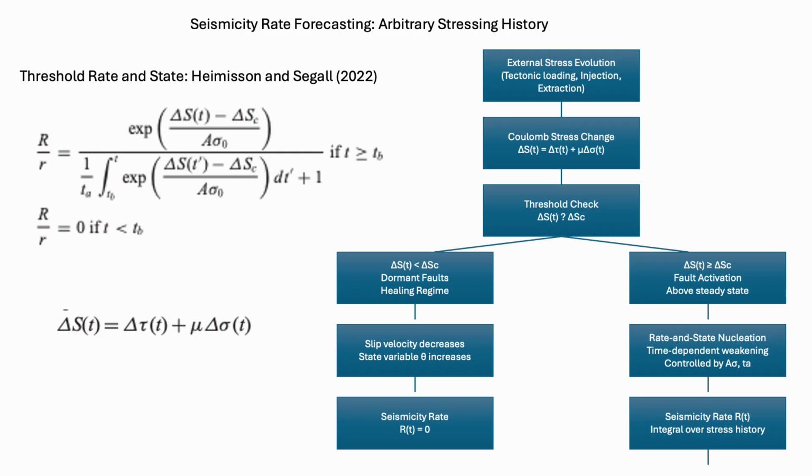So they recalculated their formulation into something called a threshold rate and state in 2022, wherein they proposed that the seismicity rate now would be non-zero only when the system goes beyond the stress threshold. And the time it takes for a system to go beyond the stress threshold is t_b, and otherwise the seismicity rate is just zero when time is less than t_b.